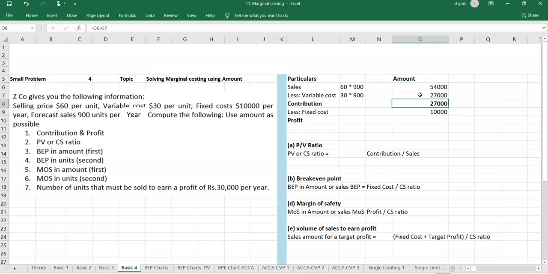So our contribution is 27,000 and our profit is 17,000. So we got the numbers. Let's work out PV ratio. So the answer is 0.5.